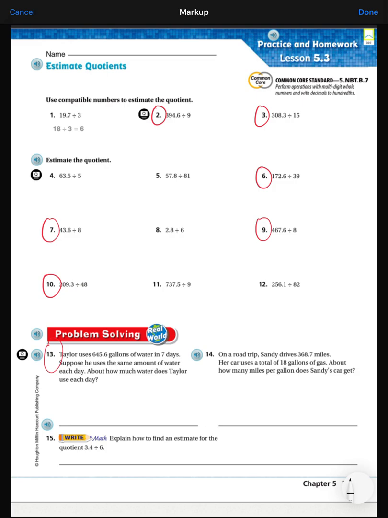Please know that it says use compatible numbers to estimate the quotient. You are not finding the actual answer, you're just finding an estimate using compatible numbers. Again, you are working on 2, 3, 6, 7, 9, 10, and 13.